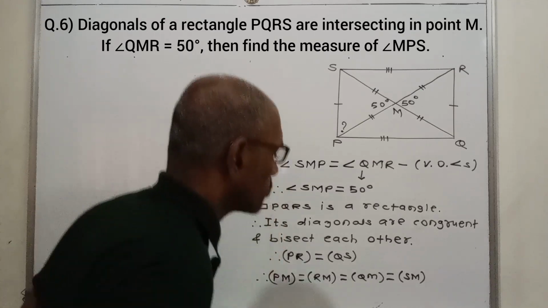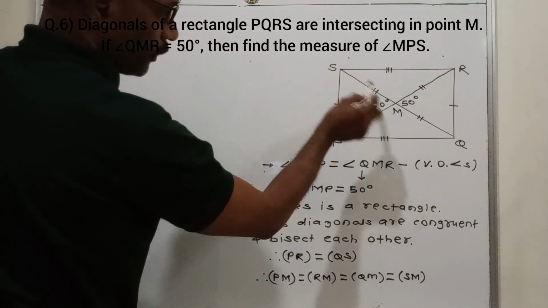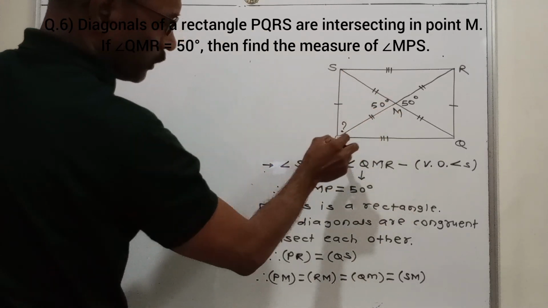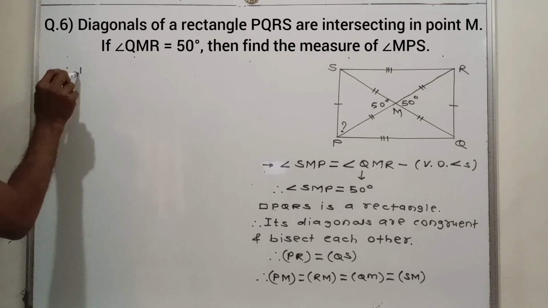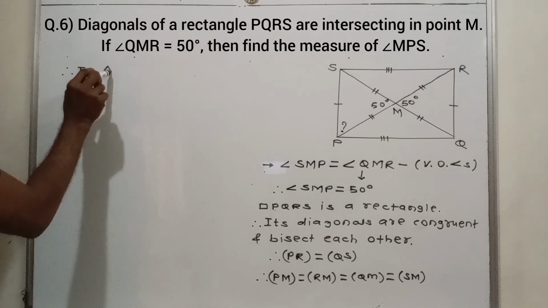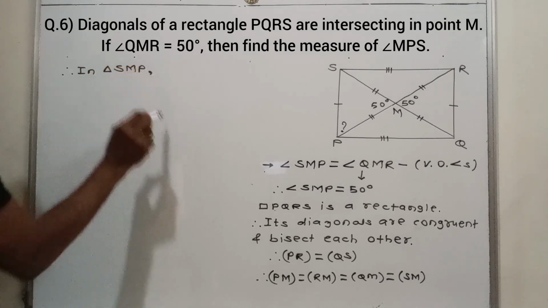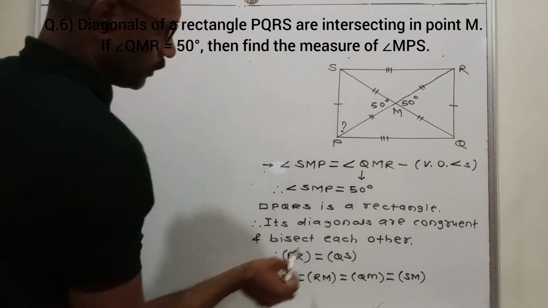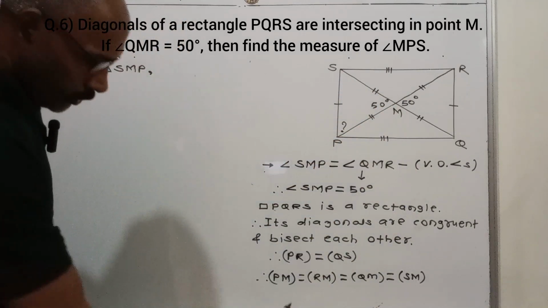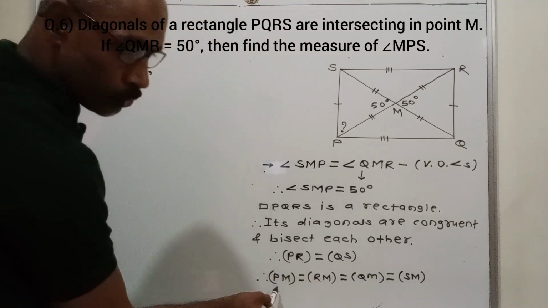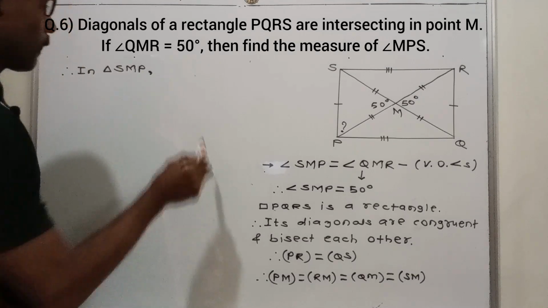Now see this carefully. Now here in triangle SMP, SM is equal to PM or PM is equal to SM.